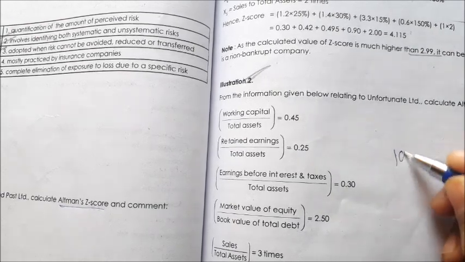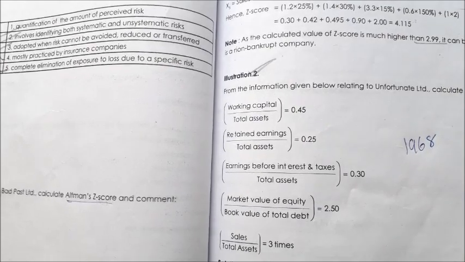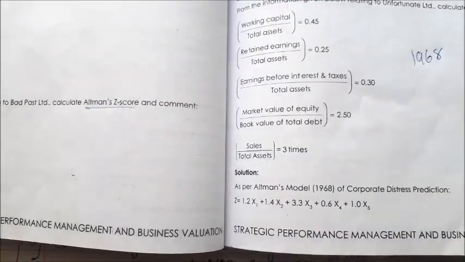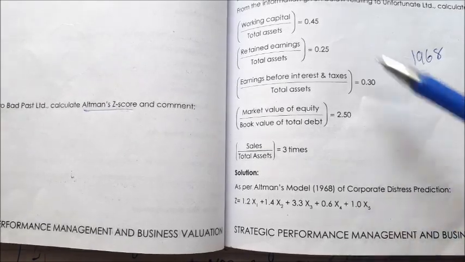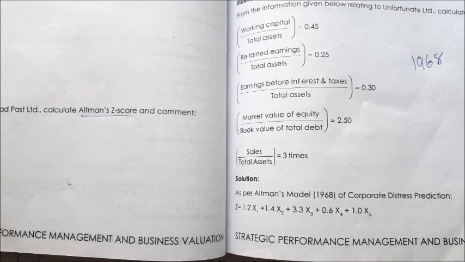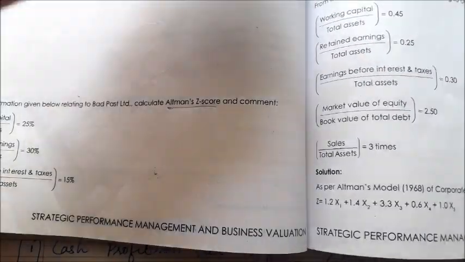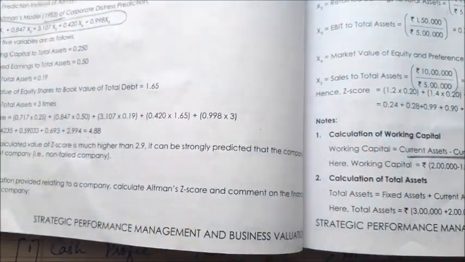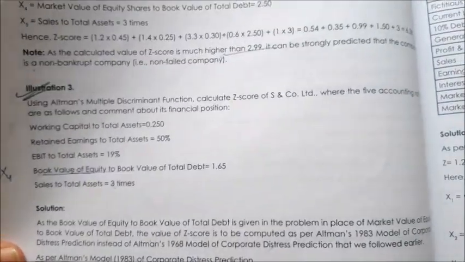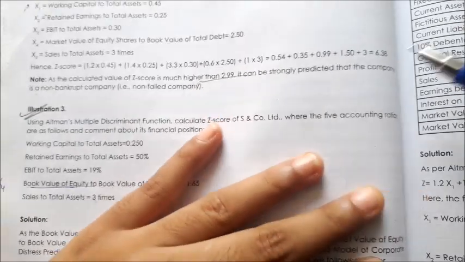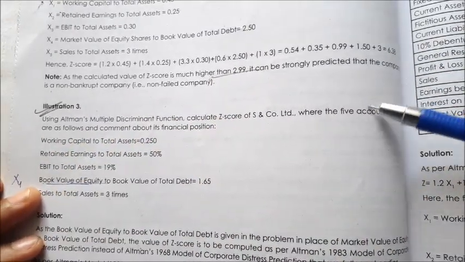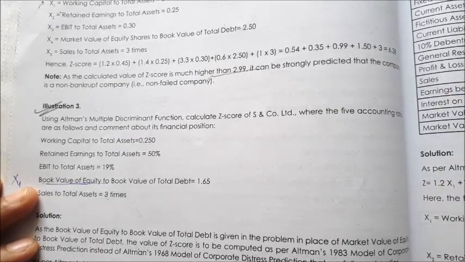The formula is already given by Altman, so we just put in the values: 1.2 into 0.45 plus 1.4 into 0.25, and so on. The answer comes 6.38, which is more than 2.99. Therefore, that's a non-bankrupt company.